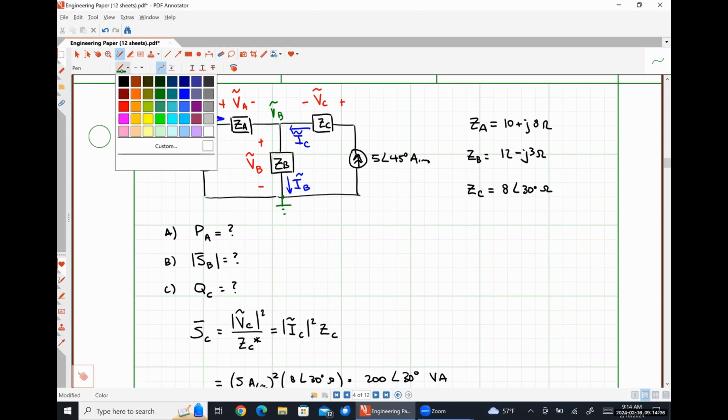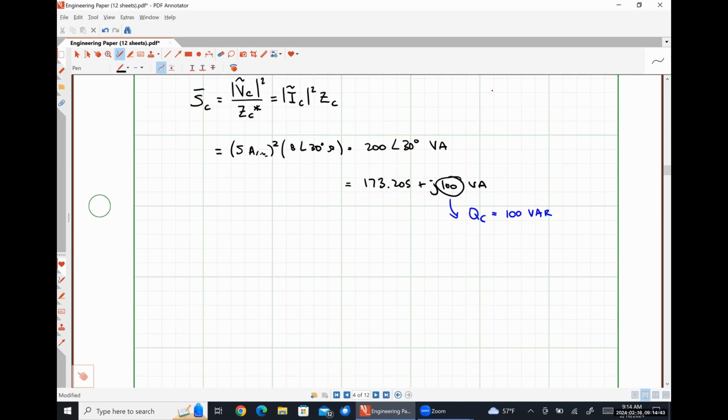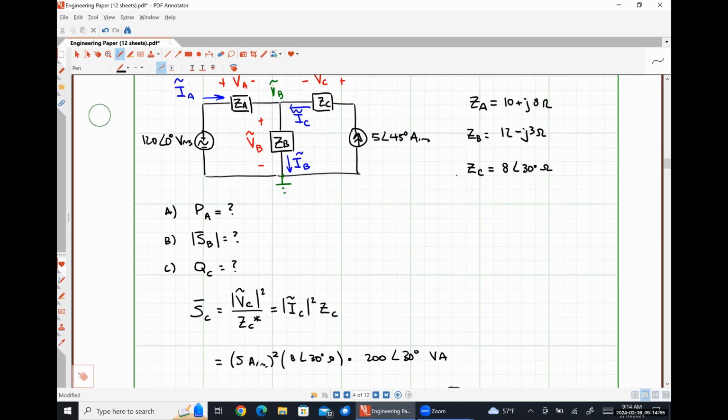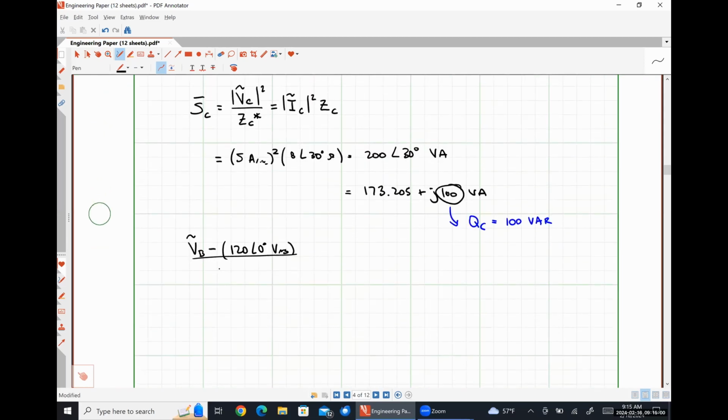So I'm just going to apply KCL at that top middle node. So that's going to look like VB minus 120 angle 0 degrees volts RMS divided by ZB, which was 12 minus J3. Actually, that should be ZA there, 10 plus J8.